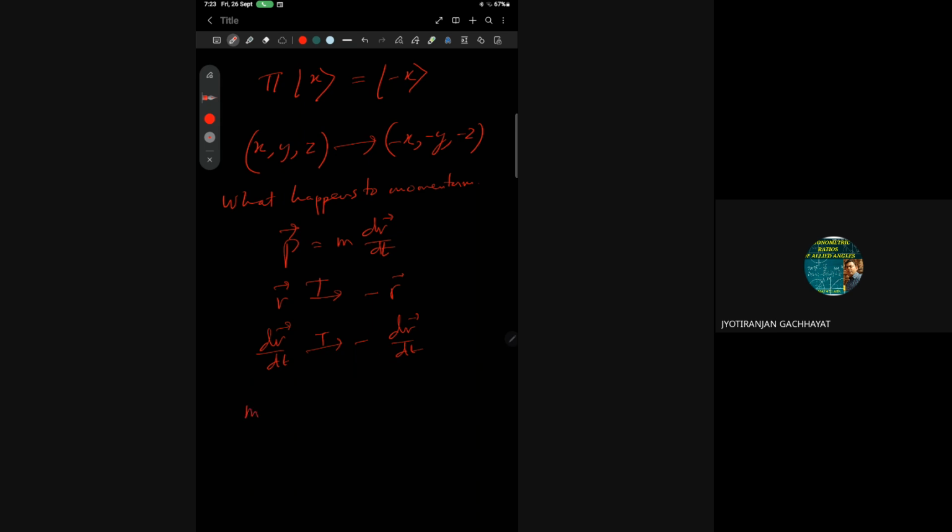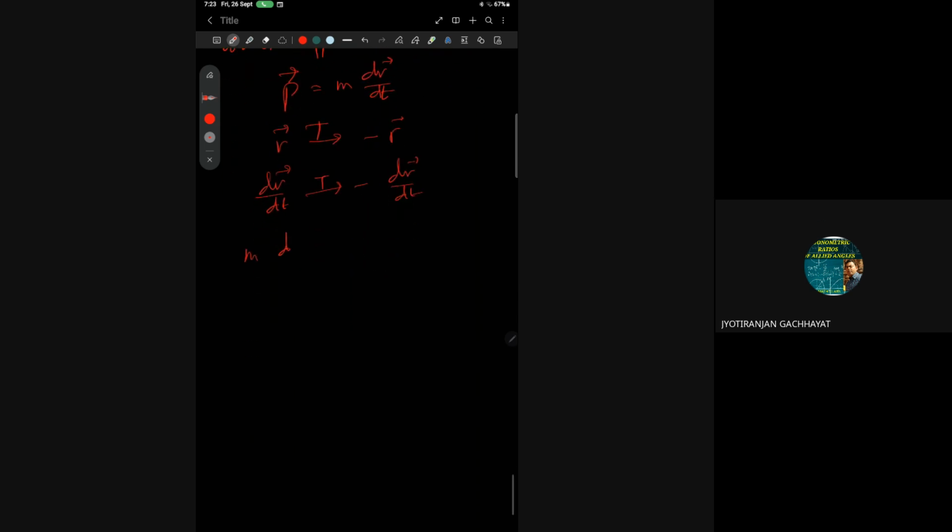So M dr by dt will simply be transformed to minus M dr by dt. Or basically P will move to minus P under parity transformation, isn't it?